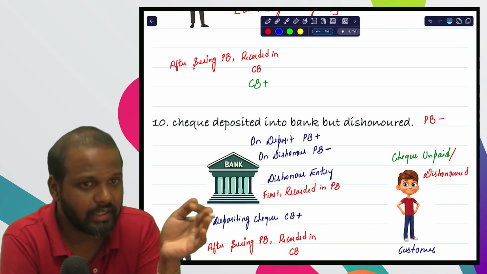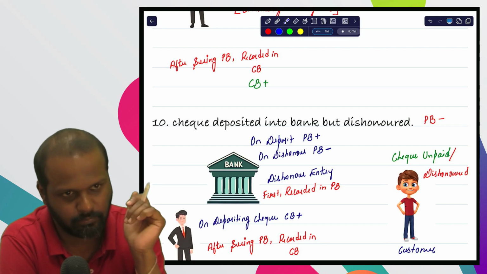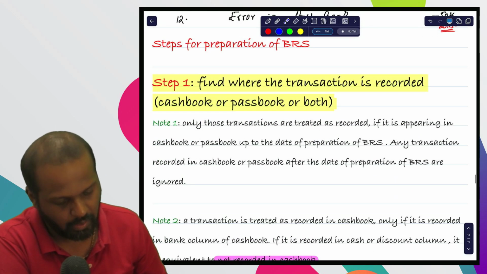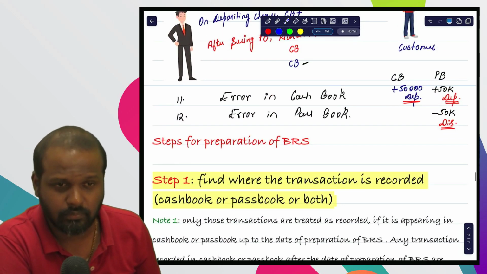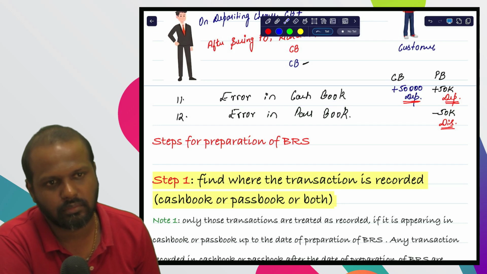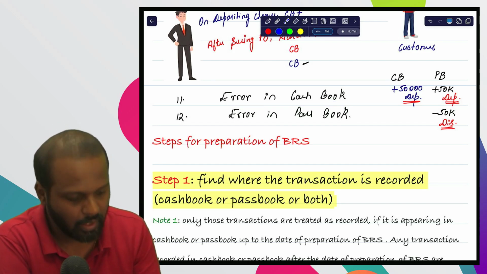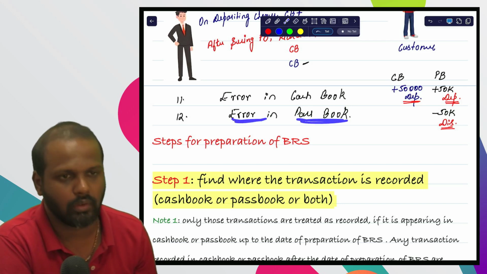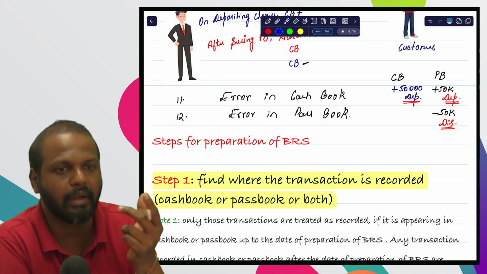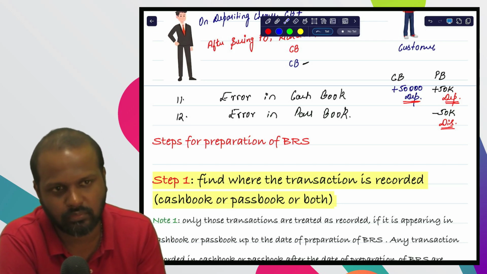So these are all the reasons why your cash book balance will not tally with the passbook balance. Okay. And as I told you, even if you make some error in the cash book, your cash book and passbook balance will not tally. And even if you make some error in the passbook, that is also a reason why the cash book and passbook will not tally. So error in cash book and error in passbook.